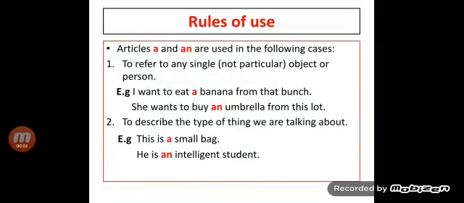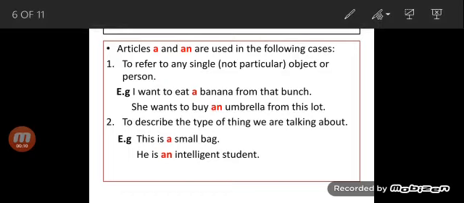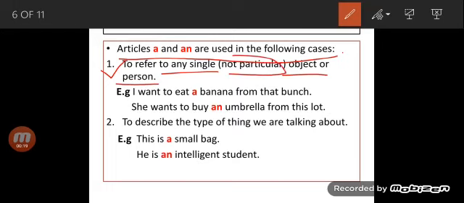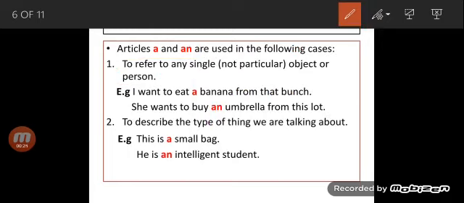Now we will discuss when we use articles a and an. Articles a and an are used in the following cases. First is to refer to any single object or person, but not particular. For example, I want to eat a banana from that bunch.